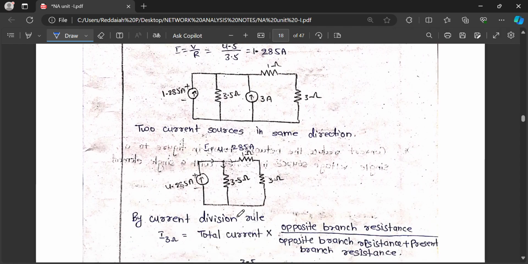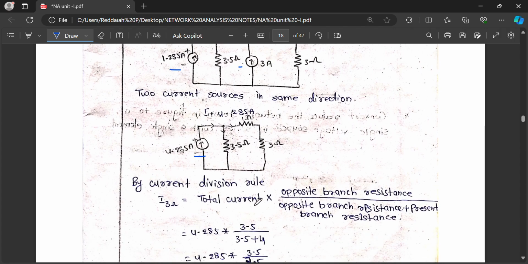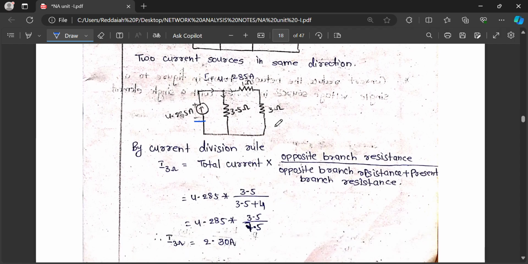Now two current sources are in the same direction, so we have to add the currents. By the current division rule, we can calculate the current flowing through the 3 ohm. By using the superposition theorem also we use the current division rule. I 3 ohm is the total current 4.28 into the opposite resistance for this 3 ohm.